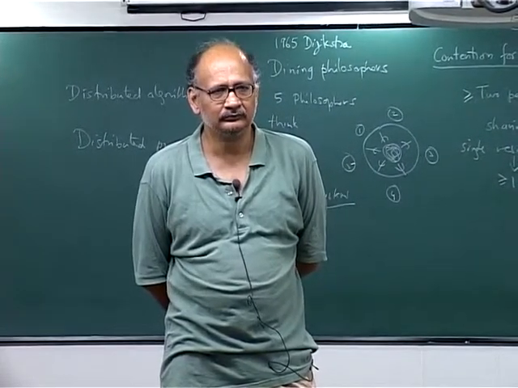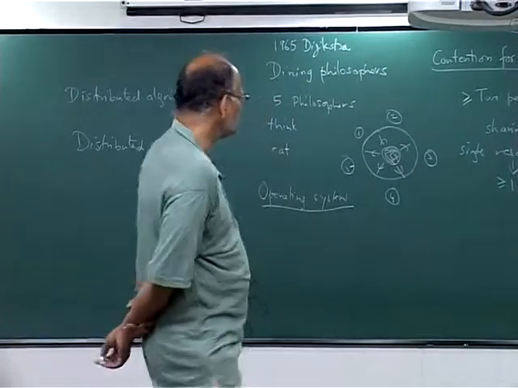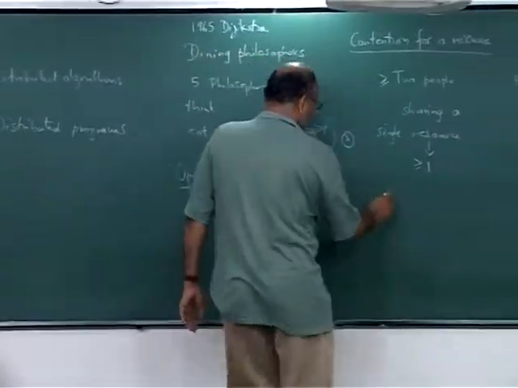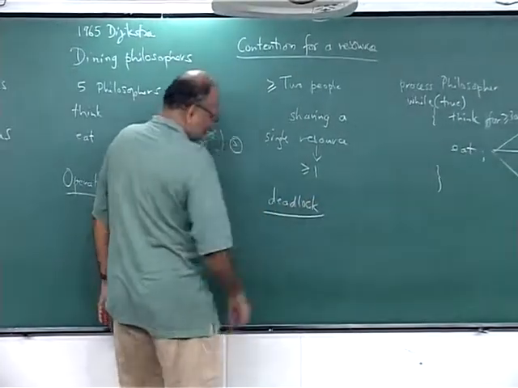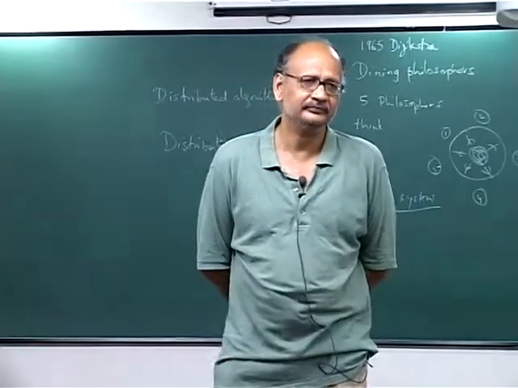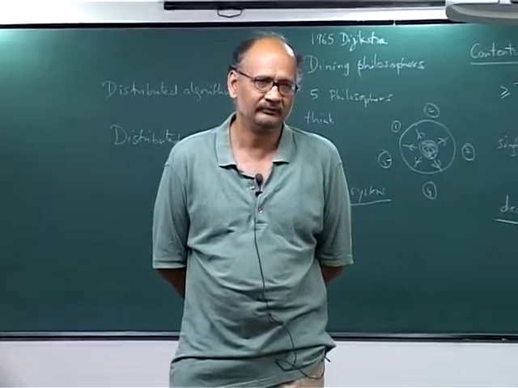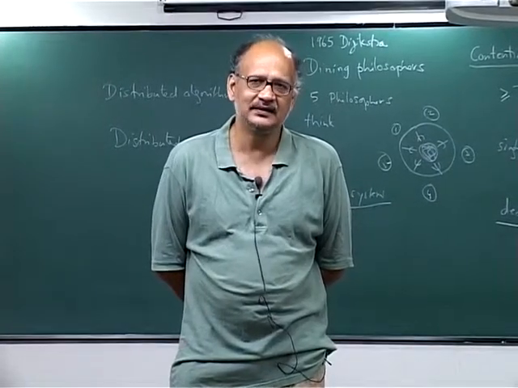Deadlock between all the 5 philosophers, if everyone picks up the fork at the same time. So there is a possibility of deadlock. What is a deadlock, formally? Everybody is waiting for someone.